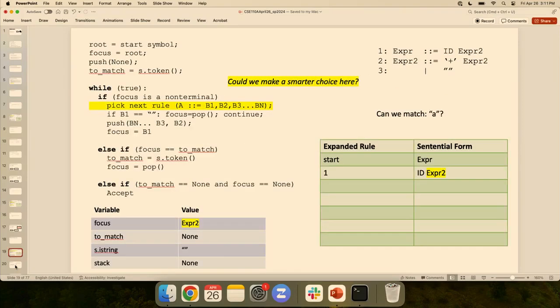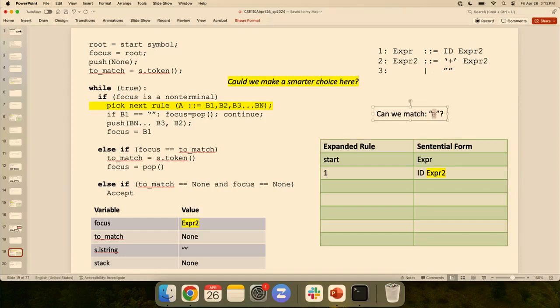So, a question to kind of motivate this is, if we are just trying to match the string A, and if we make it to this point, we start with expression, we have to expand that to ID expression 2, we have a choice here. And the choice is we can either pick rule 2 or 3. What we can do is we can actually make a smarter choice. We are trying to match A. Well, we can do that with an ID, but then what we have to do is we have to expand expression 2.